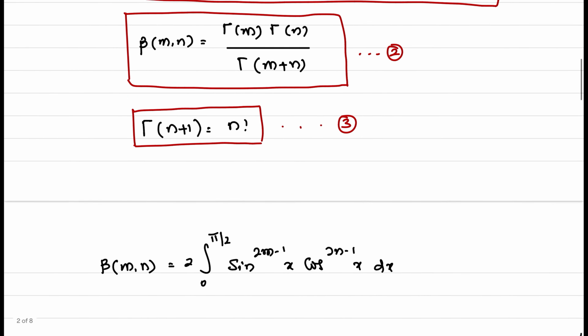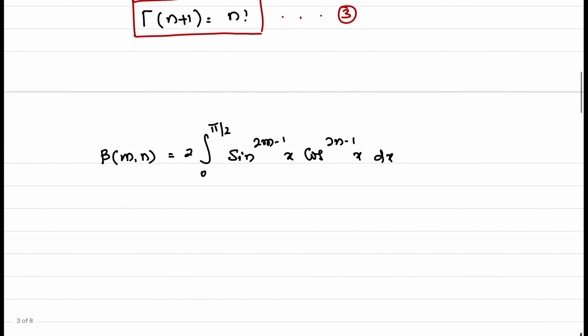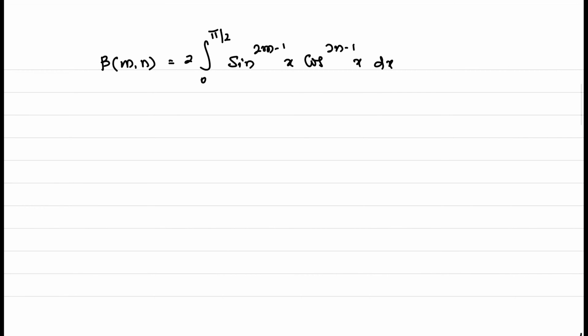Let us try to compare this with the given question. What we have to find out is the integral from 0 to pi by 2 of sin to the power of 107x cos to the power of 231x dx. We will compare these two values.